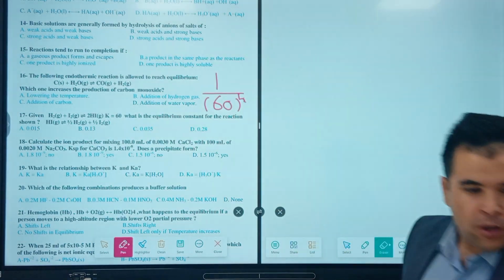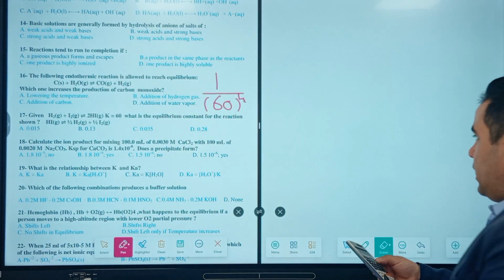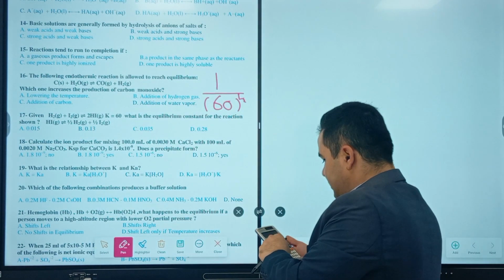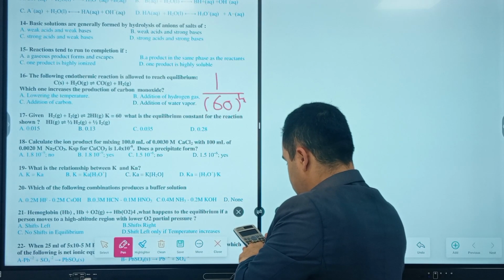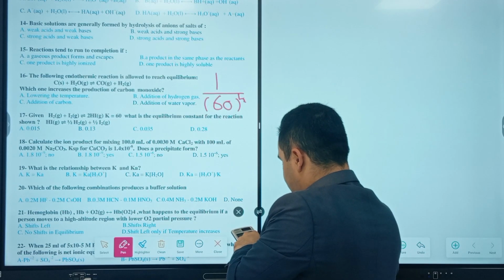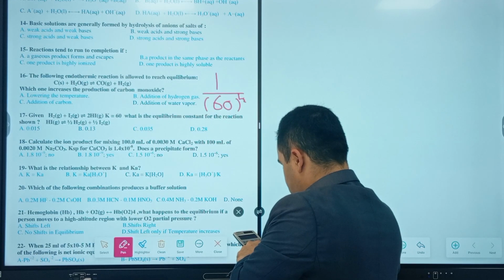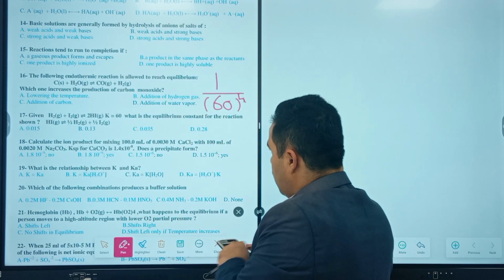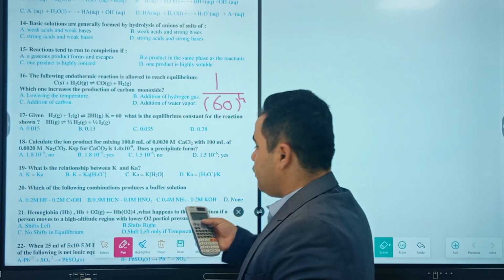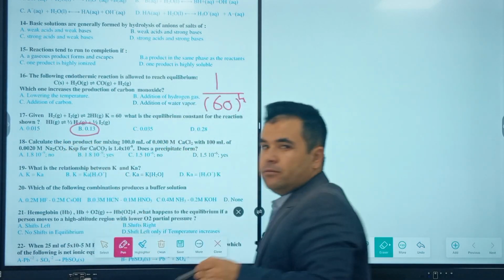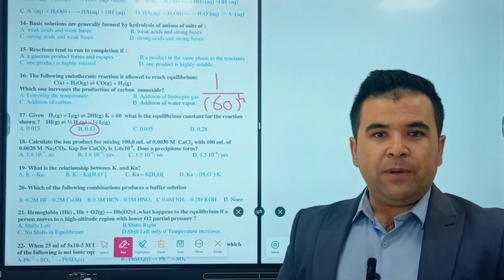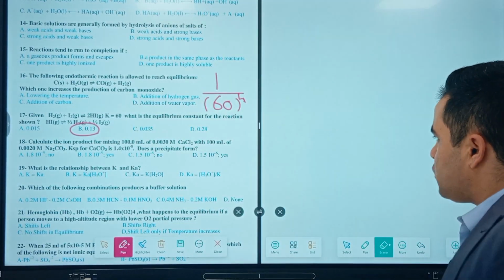So let me calculate it: 1 over 60 to the power of 0.5 equals 0.129, almost 0.13. So B is the correct answer for this question.